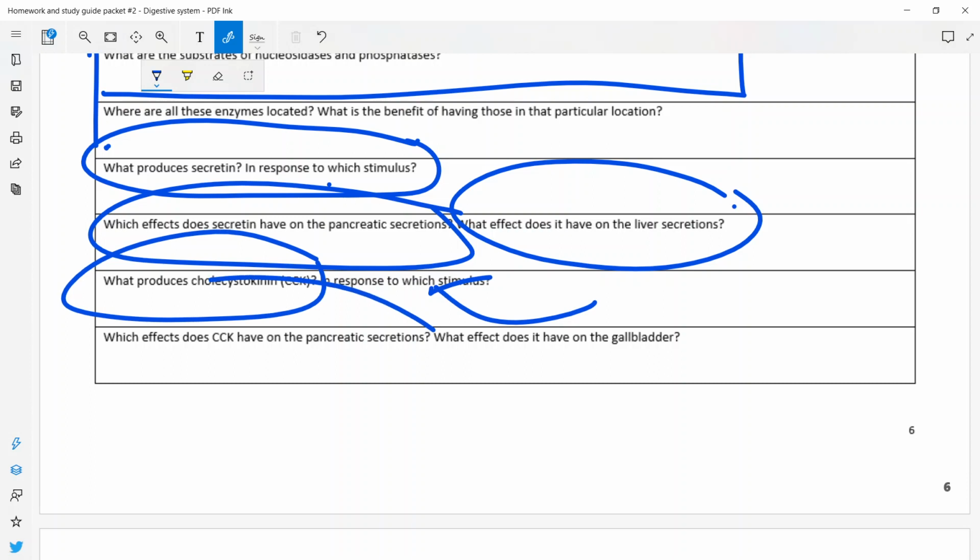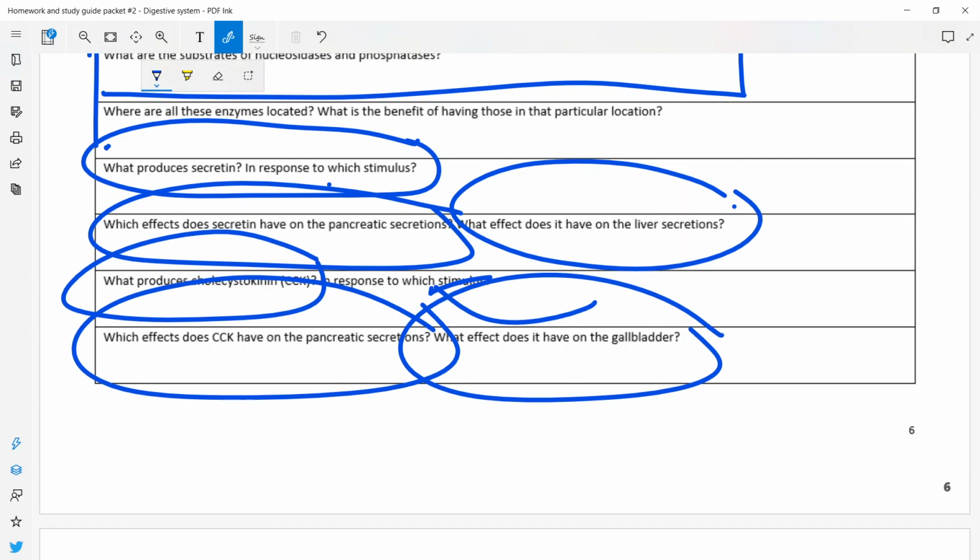So it increases the production of pancreatic enzymes and stimulates the release of bile from the gallbladder. Okay. So remember, secretin is stimulated by acid, stimulates production of bicarbonate from pancreas and bile from liver. CCK is stimulated by fats, increases the release of enzymes from pancreas and release of bile from the gallbladder.